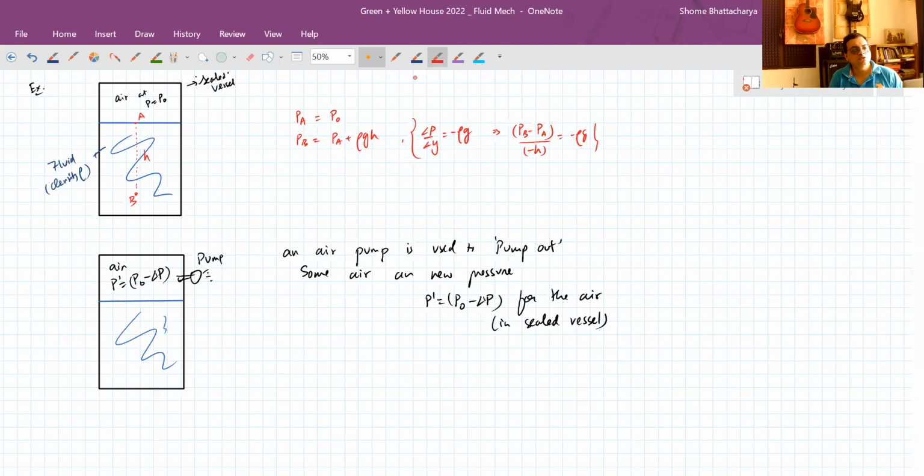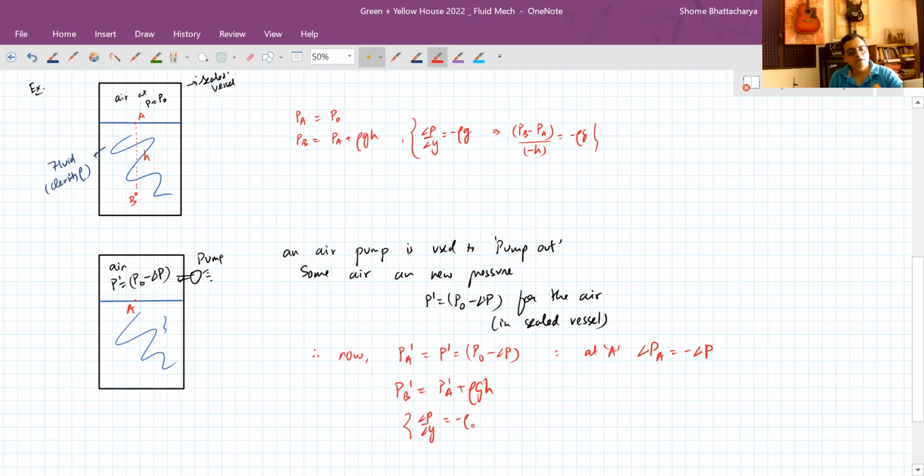So what will happen is that the new pressure at the point A will become P naught minus delta P. So you can see that at the point A, the change in pressure is minus delta P. But the new pressure at the point B will be this plus rho gh, because this formula still applies, delta P by delta Y is equal to minus rho g.